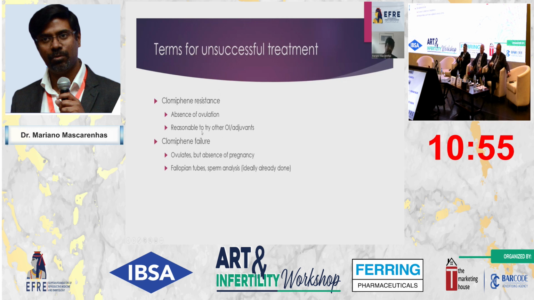Clomiphene failure means they ovulate, but they're not getting pregnant. That's a completely different ballgame because they are ovulating. In that case, we need to check whether the fallopian tubes are fine and whether the partner has had a sperm analysis. Ideally this should have already been done, but if it has not been done, or the reports are not available or are inconclusive, it is worthwhile looking again.